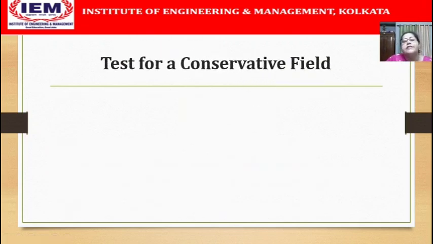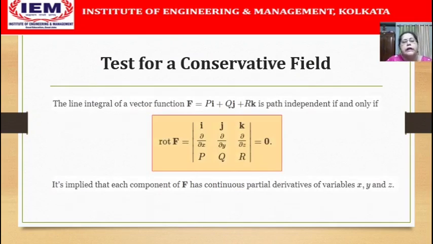So now we have a test for a conservative field, which will be very useful for doing problems. The line integral of a vector function F equal to Pi plus Qj plus Rk is path independent, and this is equivalent to the vector field being conservative, if and only if rot F, or otherwise curl F, which is given by this 3 by 3 determinant with i, j, k in the first row, del/del x, del/del y, del/del z in the second row, and the components of the function P, Q, R in the third row, is 0.